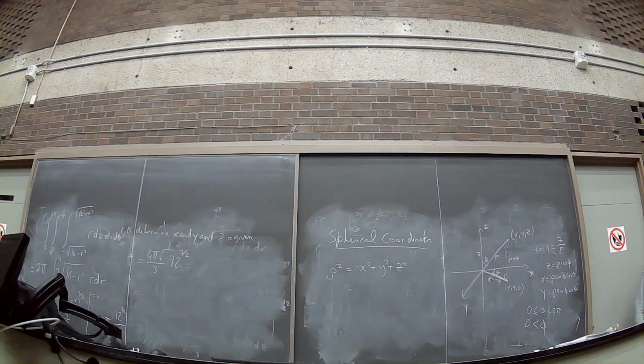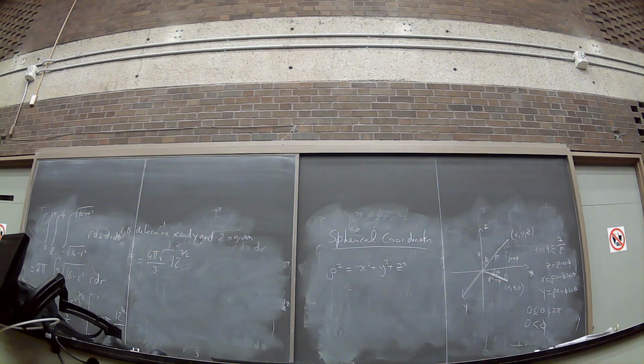Where does phi range? 0 to? You have a point here, right? This is a bit hard to see, but I don't know if you can convince yourself that phi ranges from 0 to pi. Can you convince yourself of this fact or not?